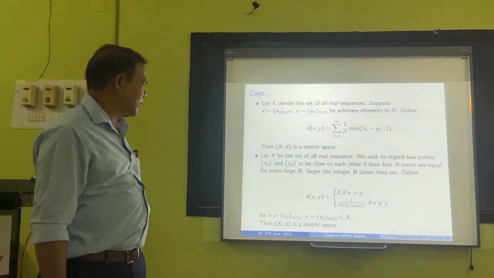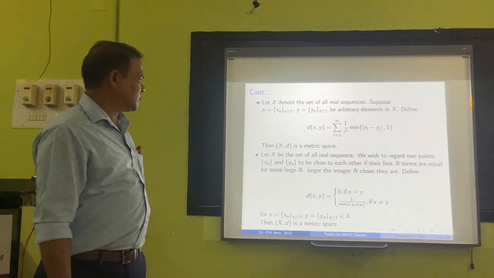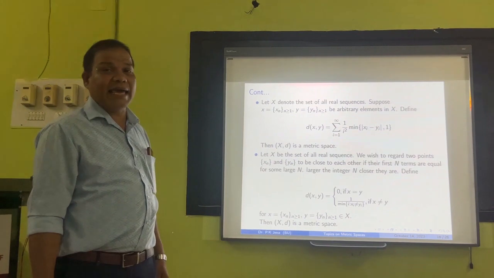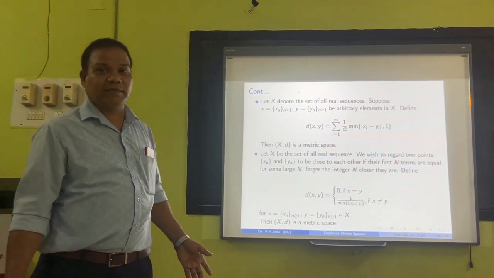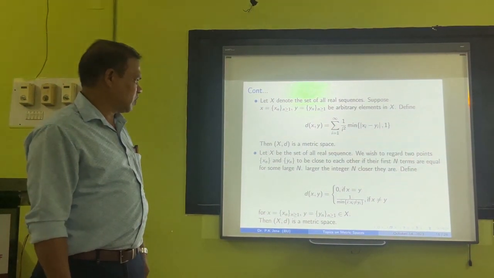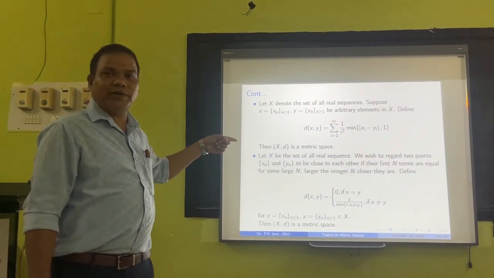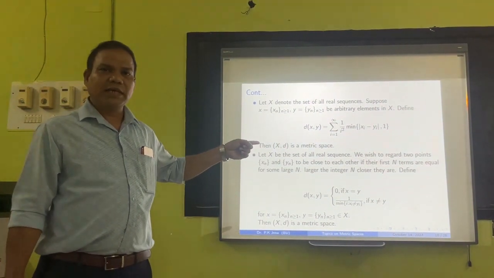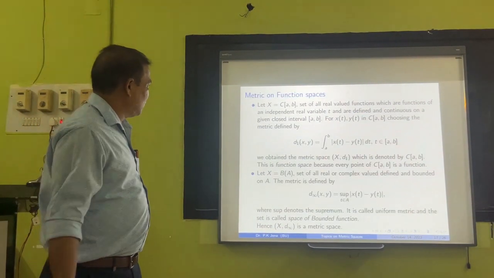Then we can define d of xy as 0 if x equals y, and d of xy as 1 by the minimum of i where xi and yi are not the same; I am talking about that index i, if x is not equal to y. The non-empty set together with this metric is known as a metric space.